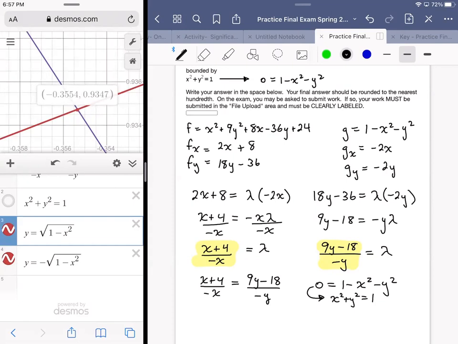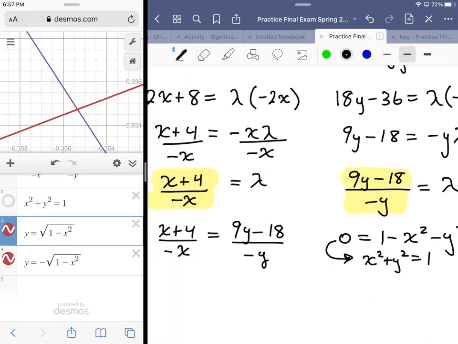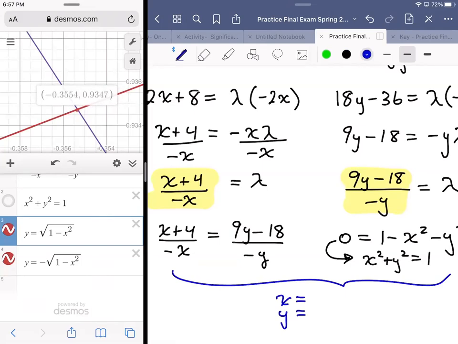All right, so we're looking at, it says to the nearest 10th. We're going to have to figure out which one gives us the absolute max and which one gives the absolute min, but for now we'll get our solutions. So x is equal to and y is equal to, let's take a look. To the nearest 10th, we're talking negative 0.4, 0.9.